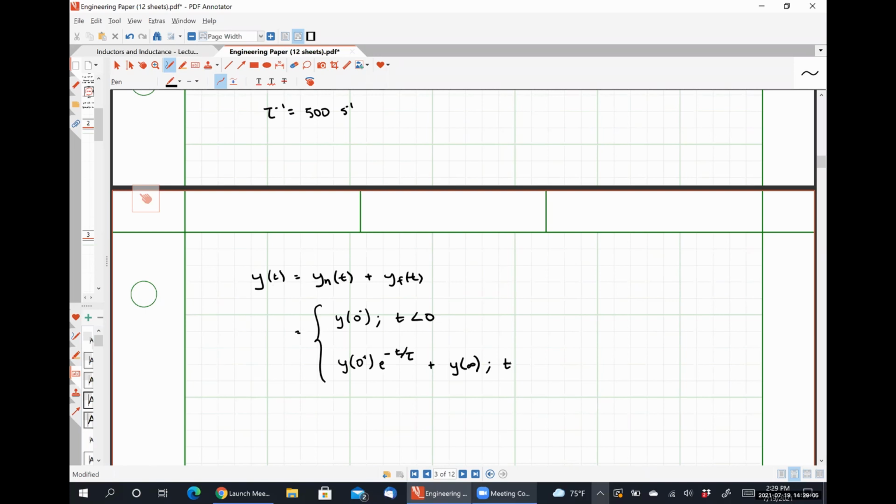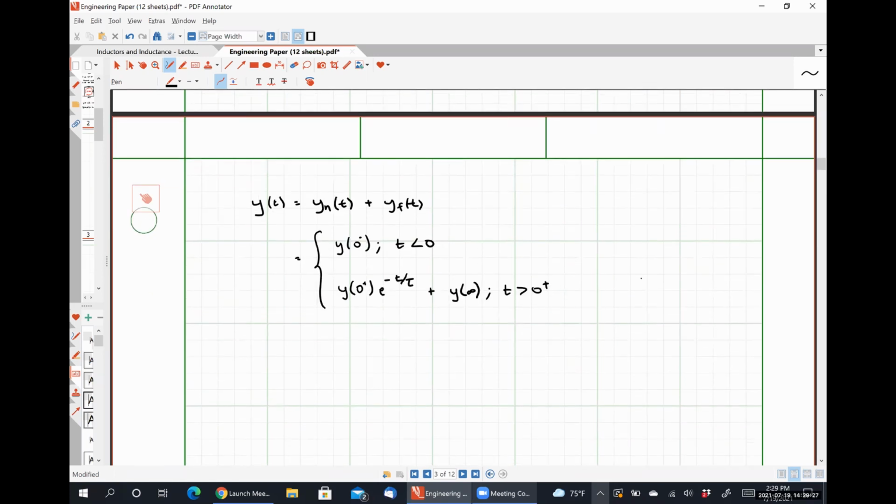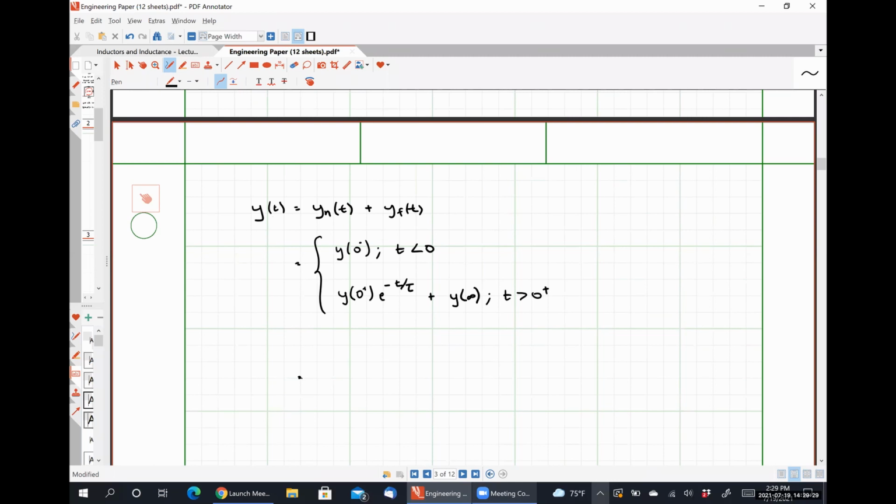Now there is an error here that I am intentionally making, and we're going to talk about it in just a moment and how to correct it, okay? But from a purely mathematical perspective, what I'm doing here makes sense. So I just want to talk about the very small change that we have to make, okay? So if we put in our values, we know that we would have y at 0 minus, which was negative 2 volts for t less than 0.